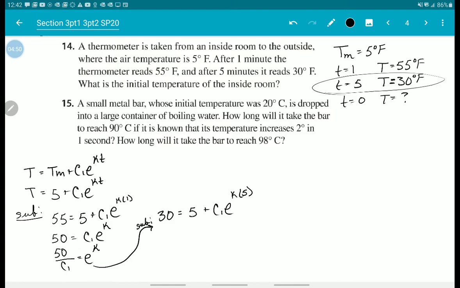So I'm going to move that 5 over, which gives me 25 on the left. So that's equal to C1 times e to the k to the 5th. Our e to the k is 50 over C1. So now we have 25 is equal to C1 times 50 to the 5th over C1 to the 5th.